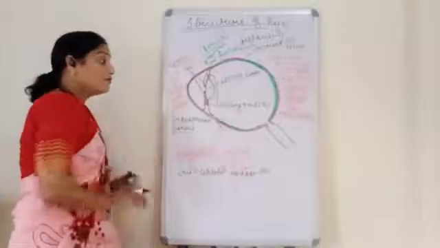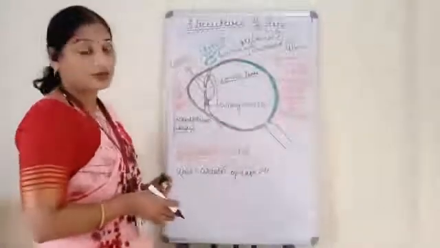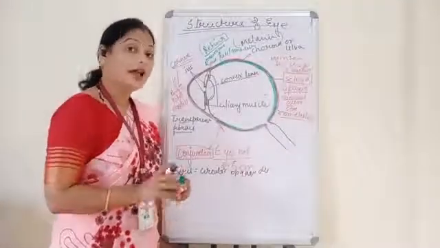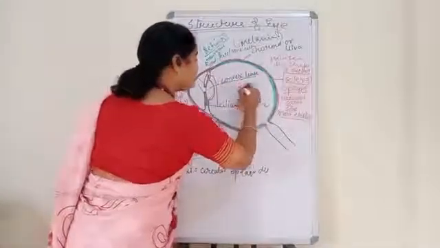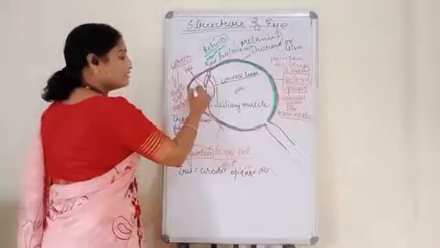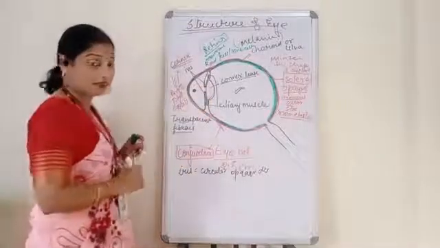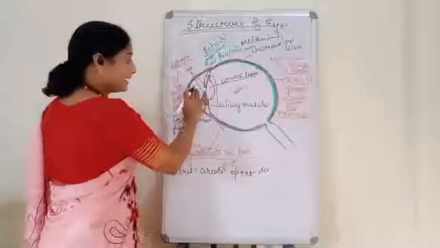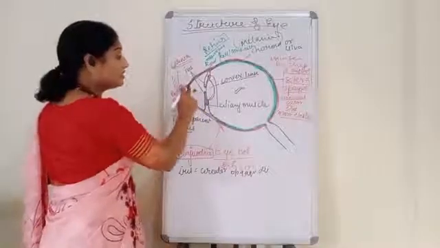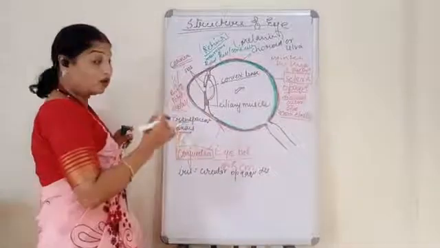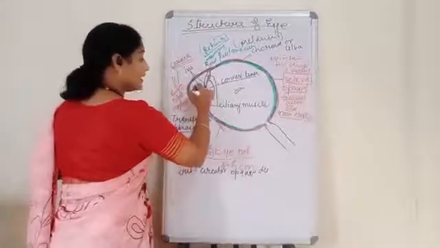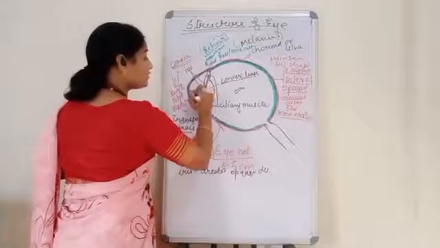Next, we need nutrition supply for the eye, and the nutrition is of two kinds. One will be filled inside this and another will be filled inside this. Between the cornea and the iris, there is a liquid called aqueous humor.